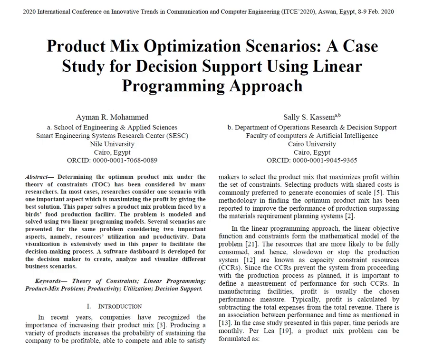The product mix problem is a widely studied type of problem in operations research. However, every day more research is out there studying product mix problems. Why is that? Because each company has its unique challenges that make the product mix problem different from one company to another.